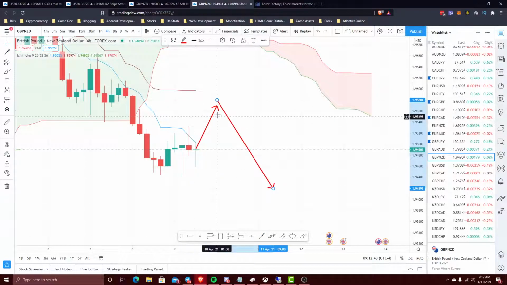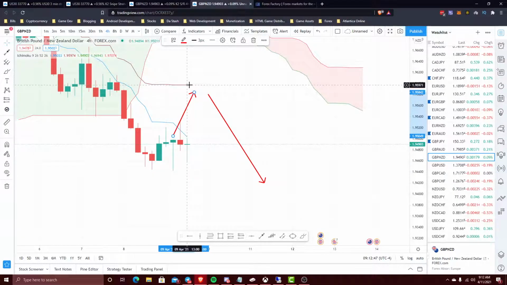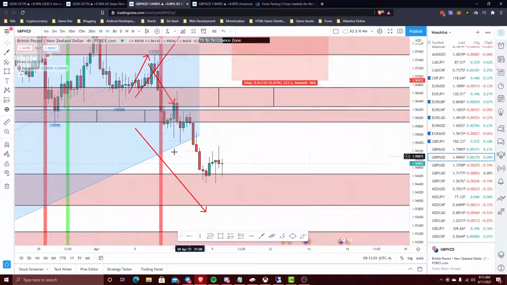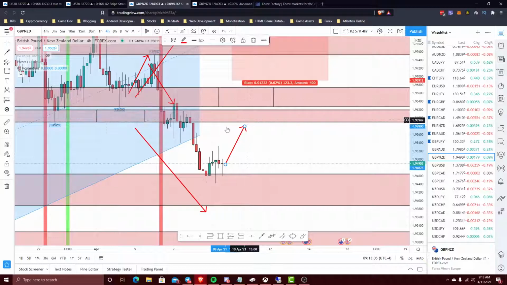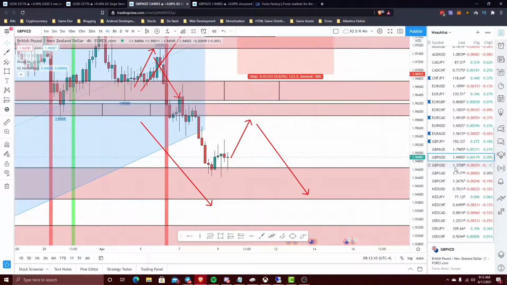It may pull up to this baseline, and then it may hop back down because we still have this cloud that's showing a bearish signal. So what I think it might do is just go up here to this zone and then shoot right back down. So that's my analysis for GN.